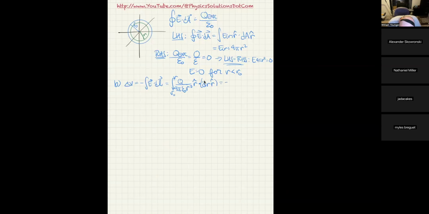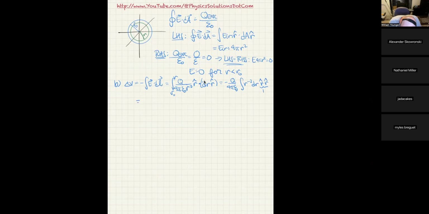This gives us negative Q over 4 pi epsilon naught times the integral of R to the negative 2 dr, R hat dot R hat, which is 1.